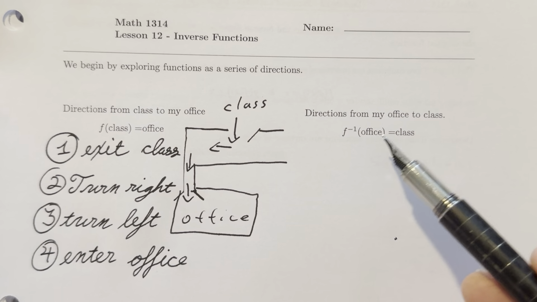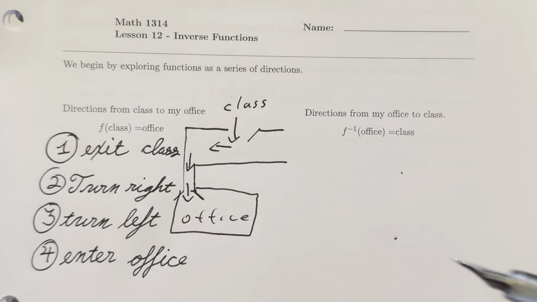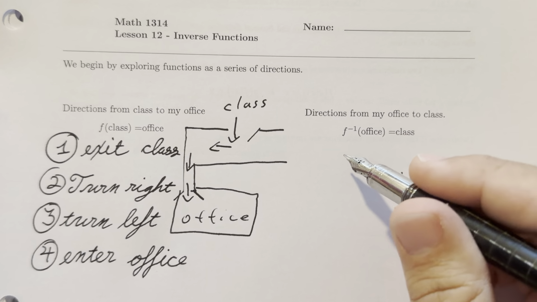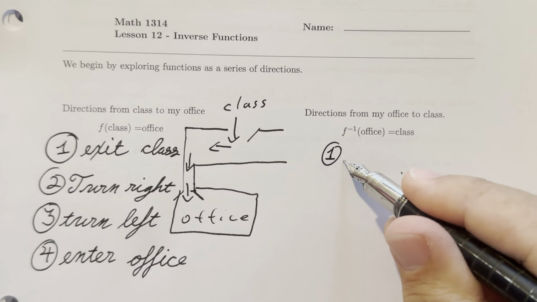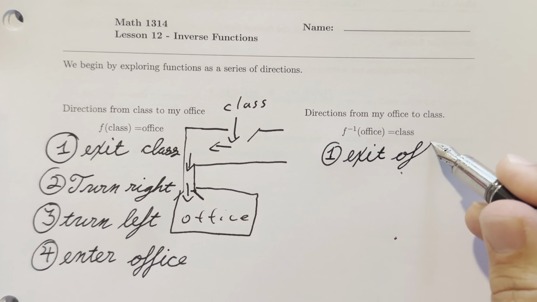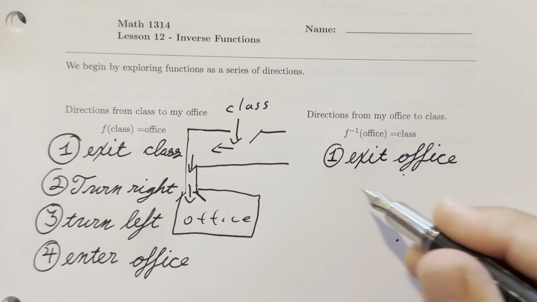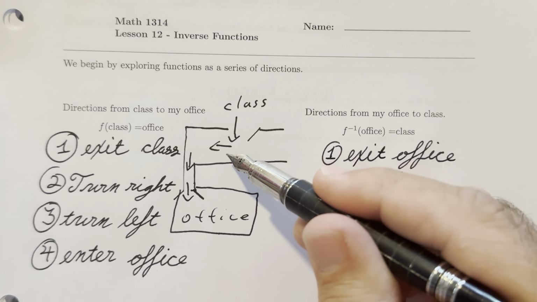Now, what is the inverse? Well, the inverse takes you from the office and brings you right back to the class. So let's go through the steps here. First thing you do is you exit the office. And then you get to here and you turn right.